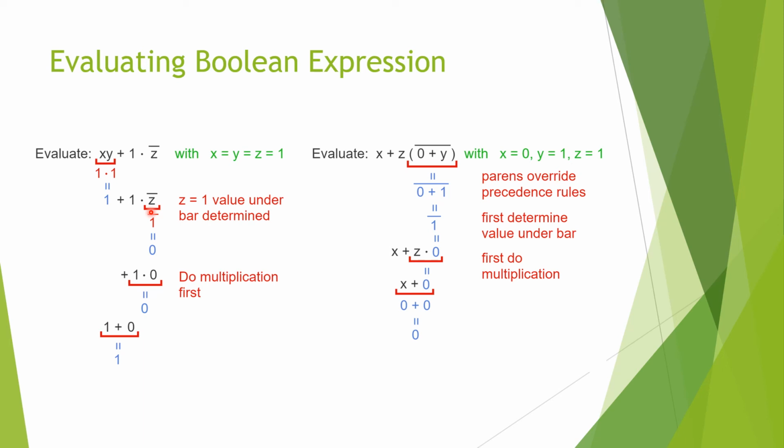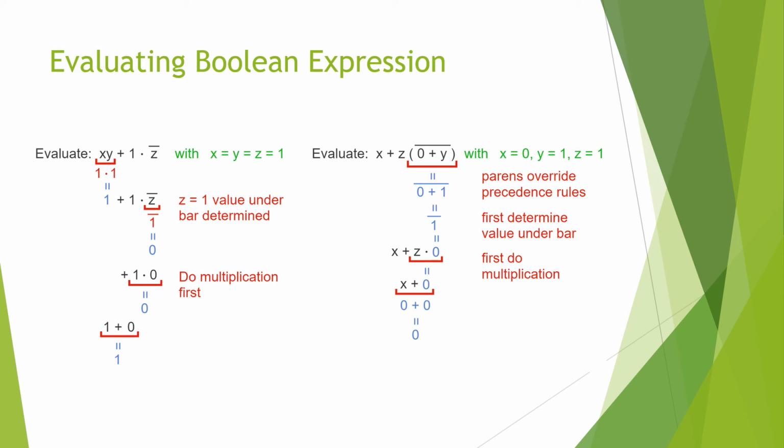Since the value of z is 1, the complement of 1 is equal to 0, so in the expression you can replace z bar with 0. So 1 times z bar becomes 1 times 0, and 1 times 0 is equal to 0. So the first part, x times y, became 1, the second part, which was 1 times z bar, became 0. So 1 plus 0 is equal to 1. That's the final value of this Boolean expression.